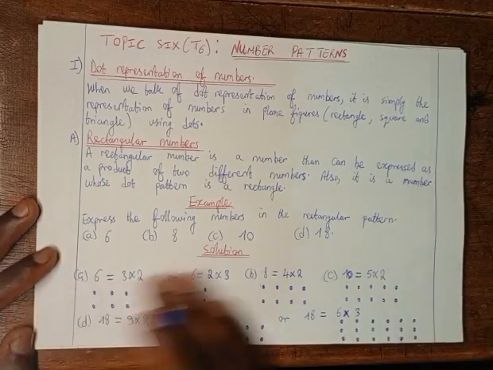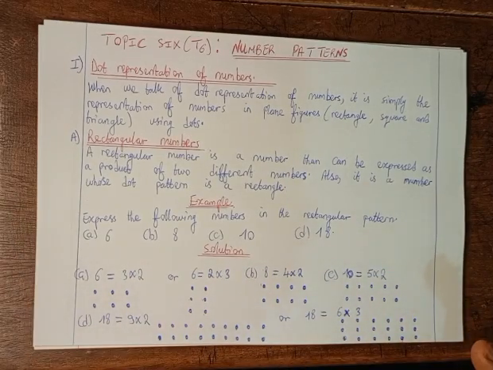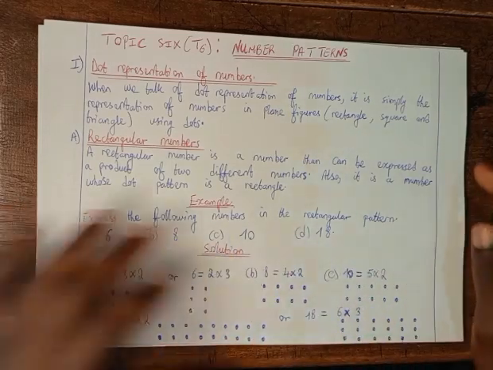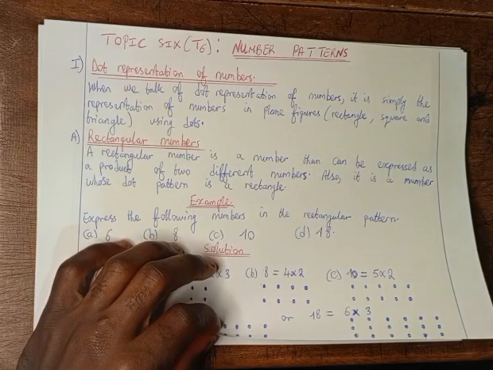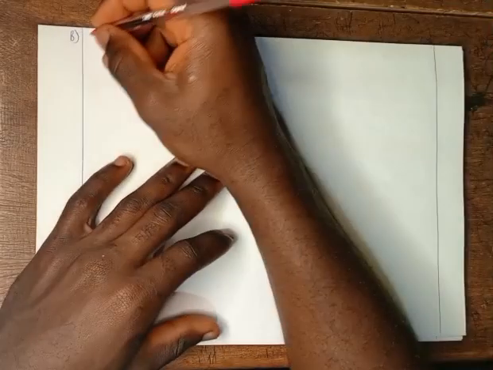You will see that all these numbers here, their dot patterns are rectangular in shape. The numbers 6, 8, 10, 18 are rectangular numbers. We go now to B. For B, we have square numbers.